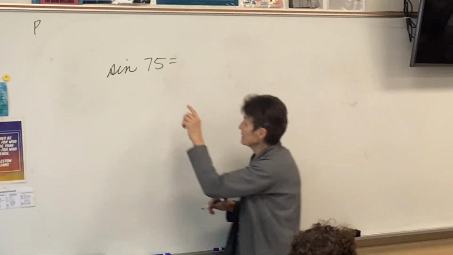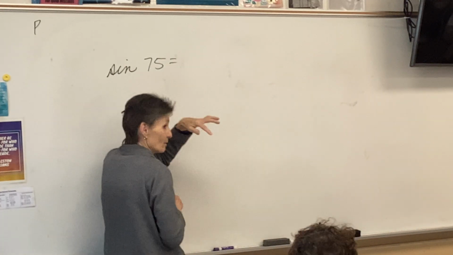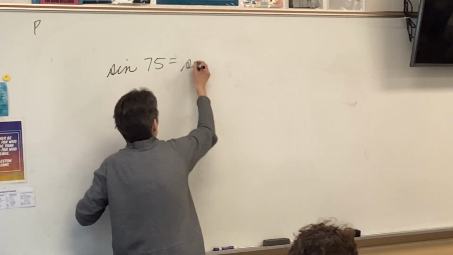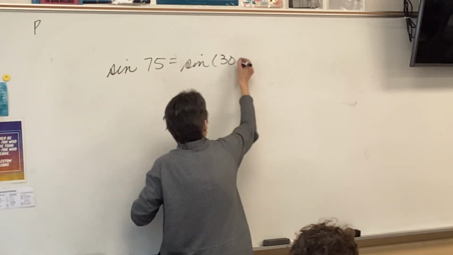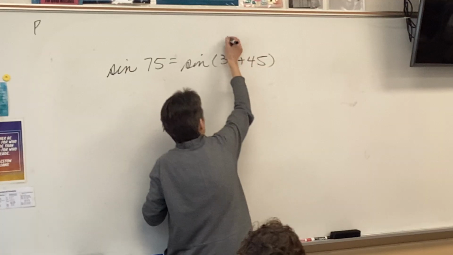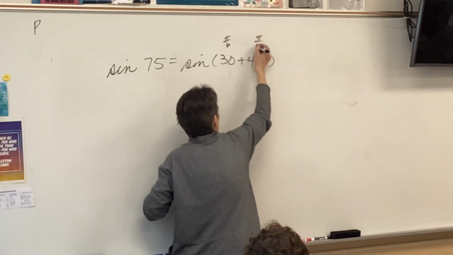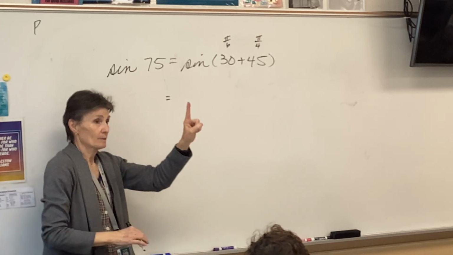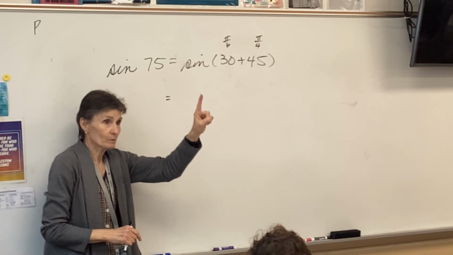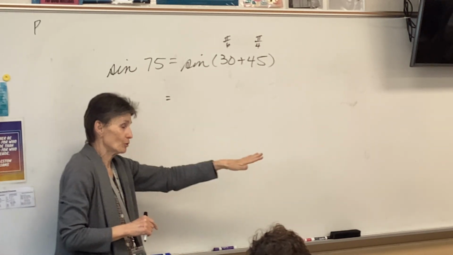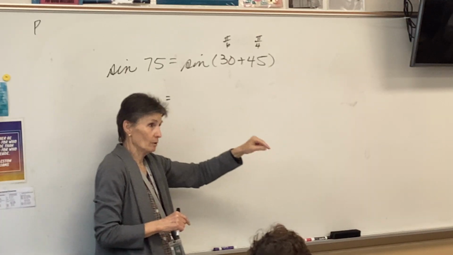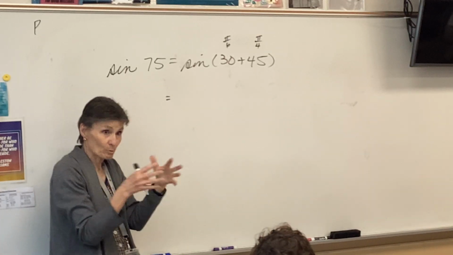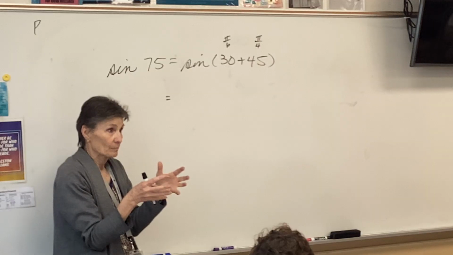So if we were doing this in radians, we would be doing pi over 6 and pi over 4, but we're going to do 30 plus 45. So this is pi over 6, this is pi over 4. All right, so step 1. If the angle you're asked to do is not on the unit circle, figure out how to add or subtract to get it.